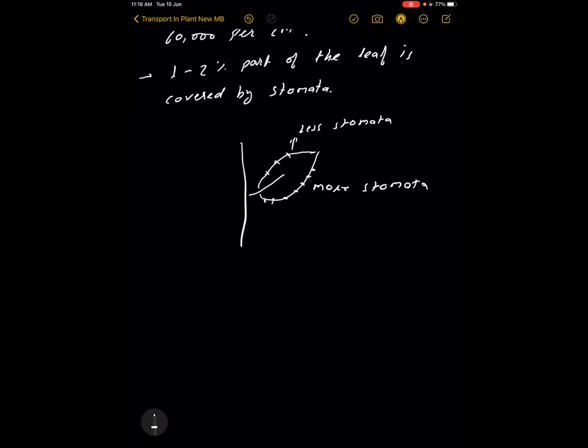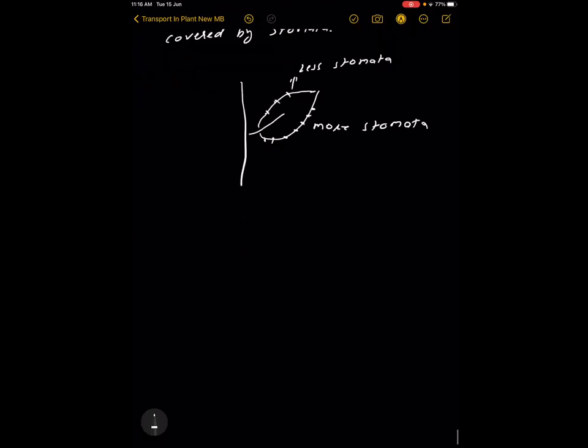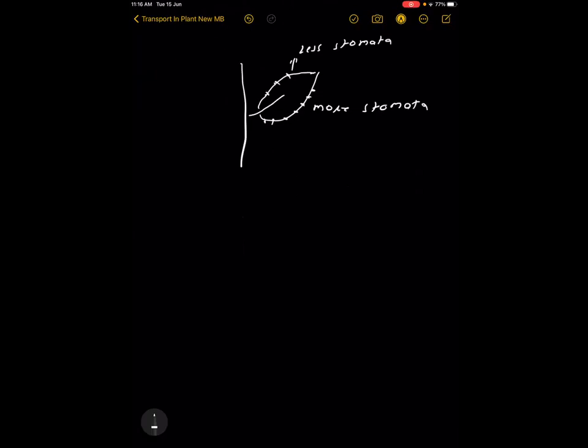The upper epidermis cells have more chloroplasts than the lower part, so the upper part is generally the darker portion, more green, compared to the lighter lower part.